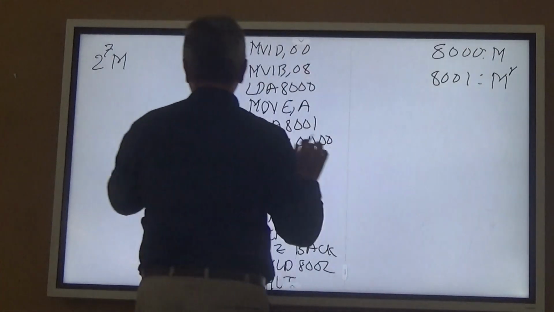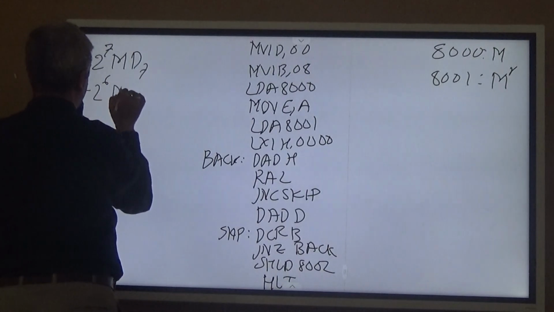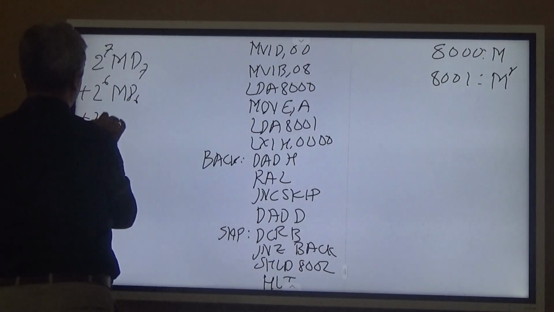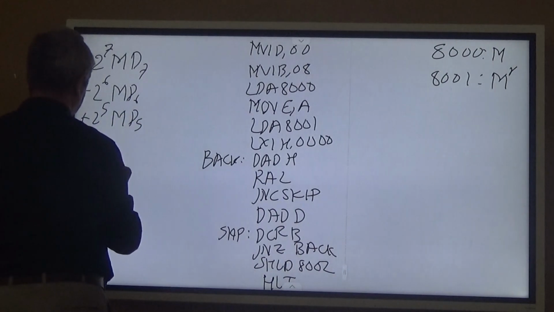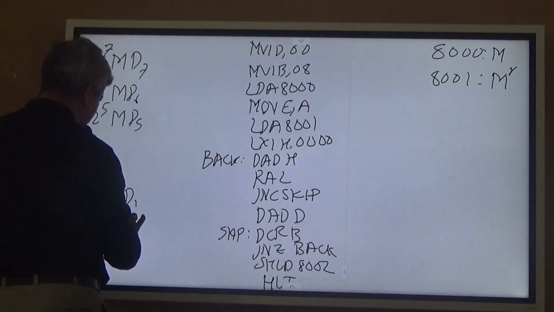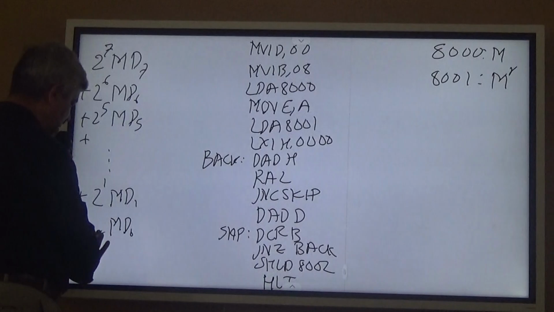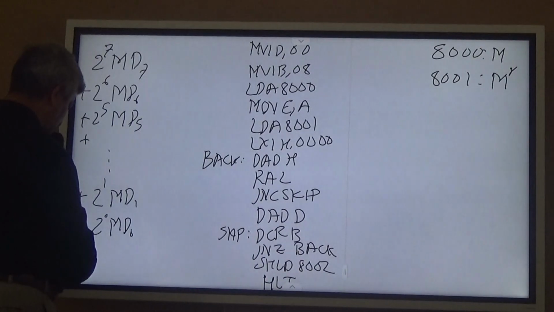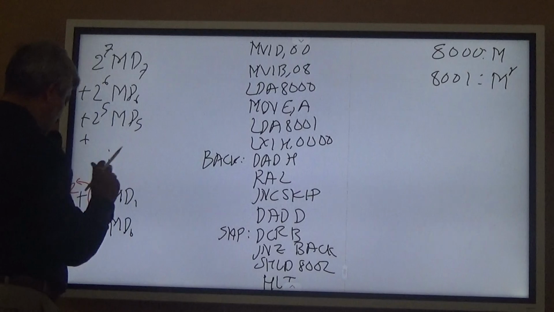And then multiplier into d7 of multiplier plus 2 raised to 6 m into d6 of the multiplier plus 2 raised to 5 m d5 of the multiplier plus 2 raised to 1 m d1 and 2 raised to 0 m d0. 2 raised to 0 is actually 1 and 2 raised to 1 is actually 2.